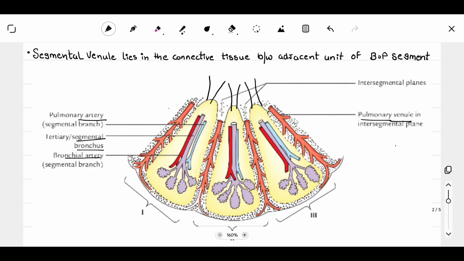Here note that the pulmonary vein lies in the intersegmental plane. Each segment does not have its own vein, rather it shares the vein like this. Here the pulmonary vein is shared between the two segments.